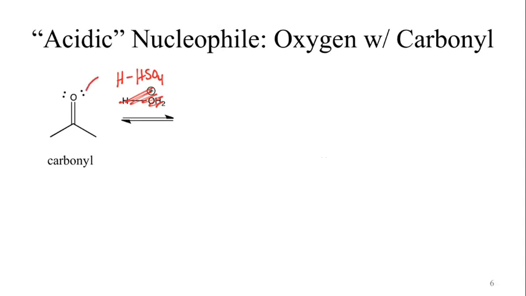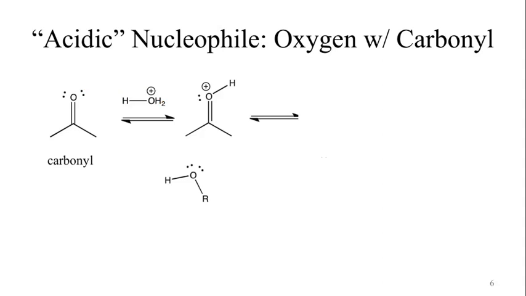The electrons from our oxygen can share with the hydrogen and push the electrons onto our sulfate. What this ends up resulting in is now an activated carbonyl. What we've got now is that oxygen doesn't want to be positive, so it can start to suck the electrons away from our carbon.